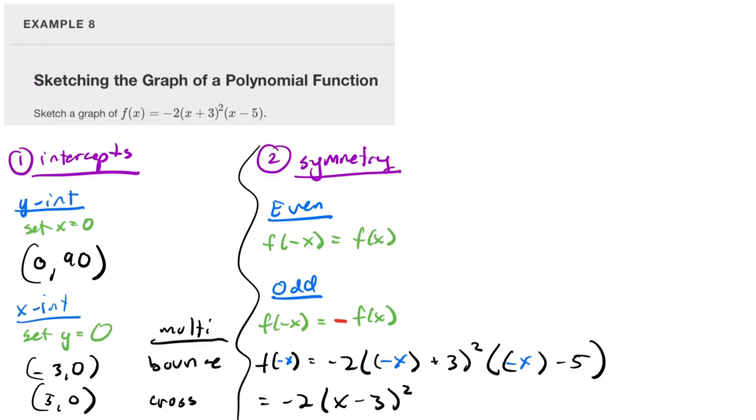I don't think we can. Let's keep going. We can factor out a negative here as well. We're going to have what? X plus 5. You know, I don't think that this is the original, and I don't think that we can get to a negative times the original. So I would say there's no symmetry. Or what type of symmetry do we have? There's none.